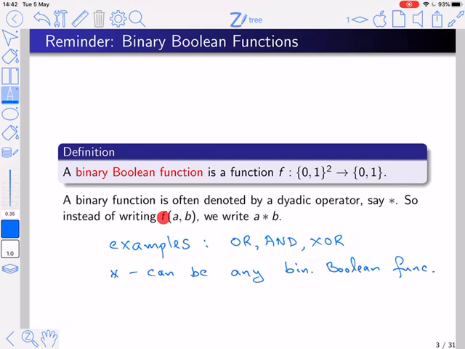Instead of writing f of a b, we simply write a star b. Examples of such operators could be OR, AND, XOR, and so on. So in the next few slides, when I write a star, it could be any binary Boolean function.